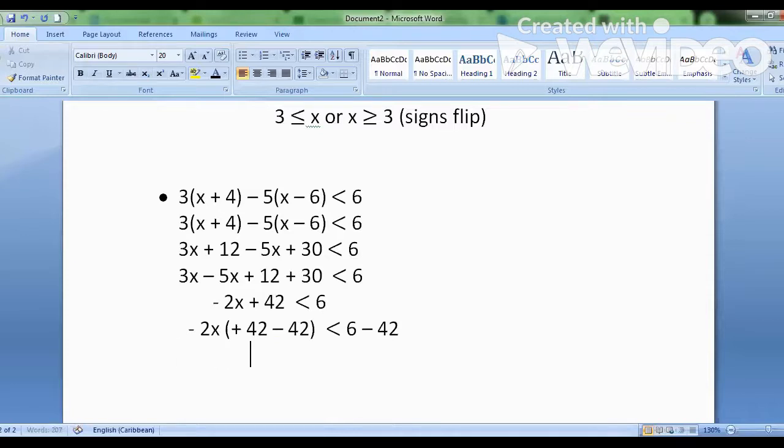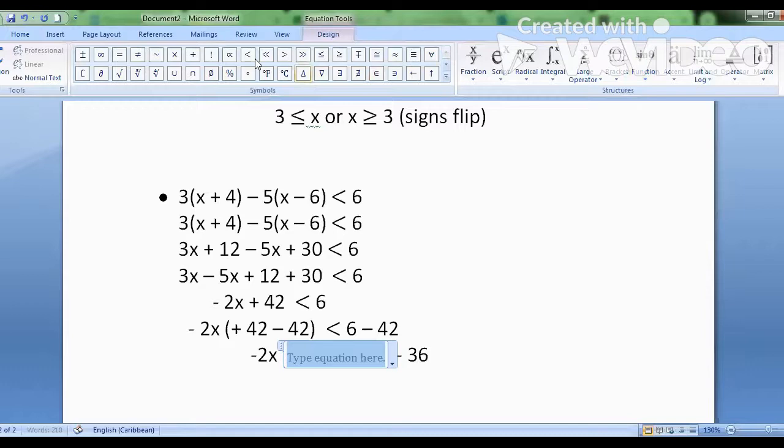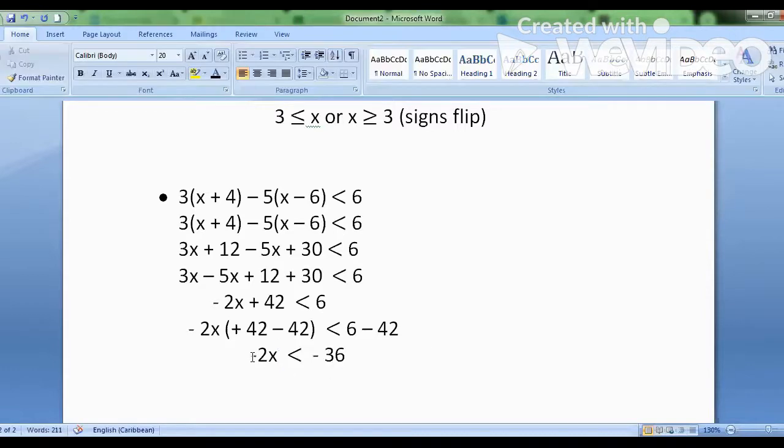In the next line, it's negative 2x is less than negative 36. And we are going to divide both sides by negative 2.